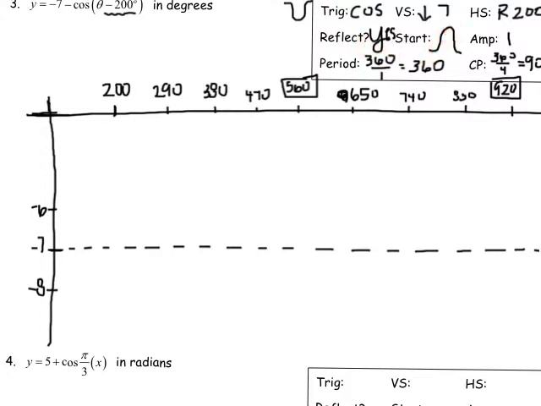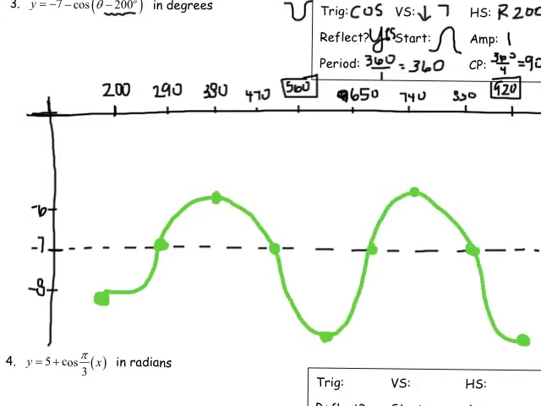So when I start at the bottom, I'm going to start at -8, and then I go middle, top, middle, bottom, middle, top, middle, bottom. That's it.